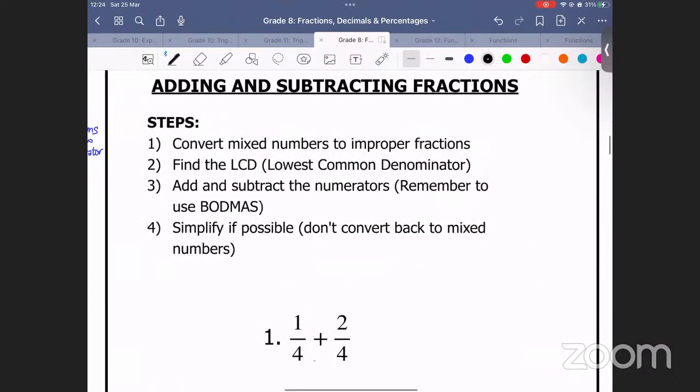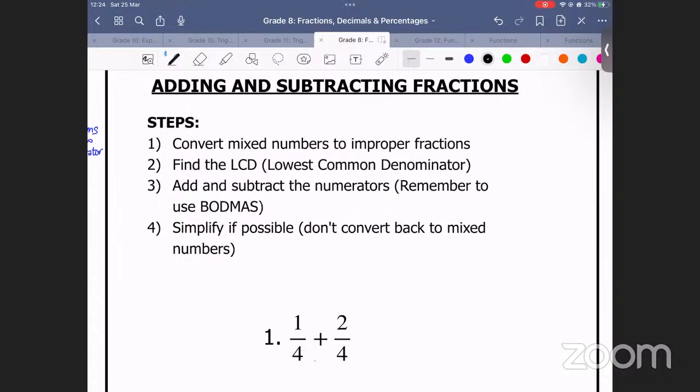Let's talk about, very importantly, adding and subtracting fractions, and then we'll learn multiplying and dividing fractions. Very, very important. Please pay careful attention. This is crucial. It's easy, but many people forget it, especially when you get to higher grades. The steps: convert mixed numbers to improper fractions, so we don't want any mixed numbers.